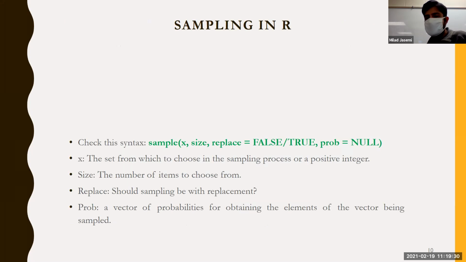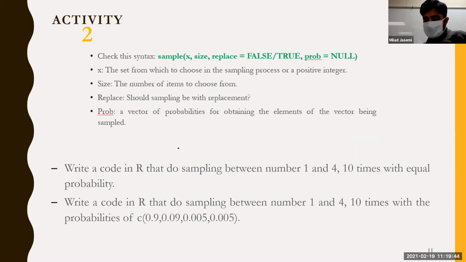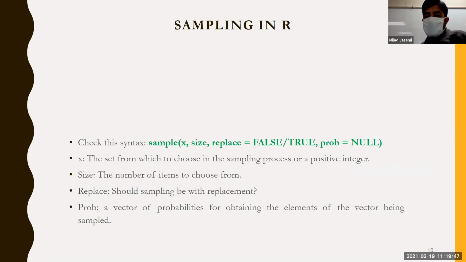The next step for doing that 80%, 20% is knowing about sampling in R. Check this syntax. sample, open parentheses, x. Here x is the definition: the set from which to choose in the sampling process, or a positive integer.